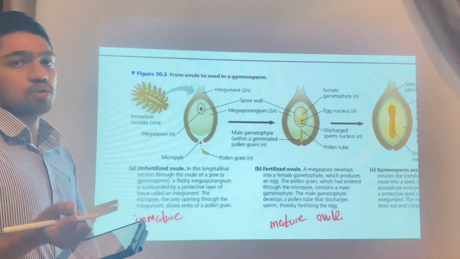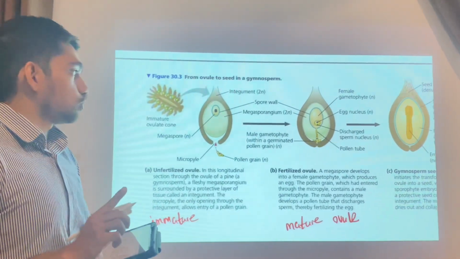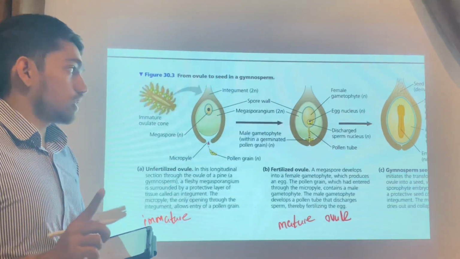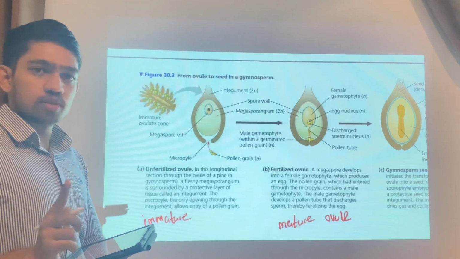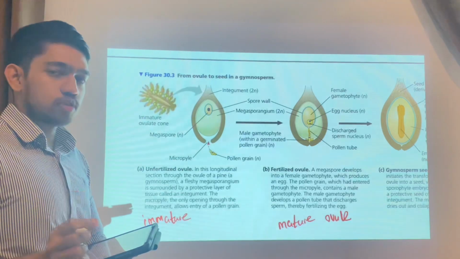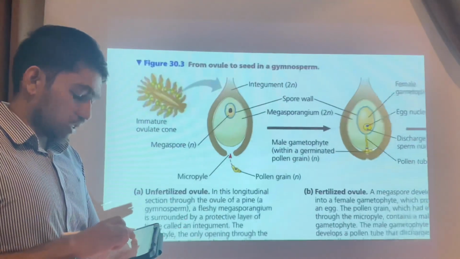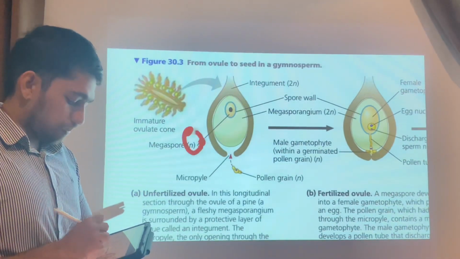One of the cells of the megasporangial tissue will differentiate into a megaspore mother cell, and that megaspore mother cell undergoes which cell division? Meiotic cell division. That's how we get a haploid megaspore.